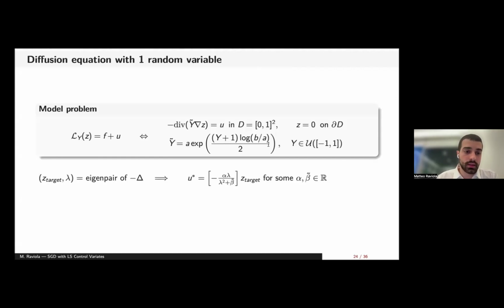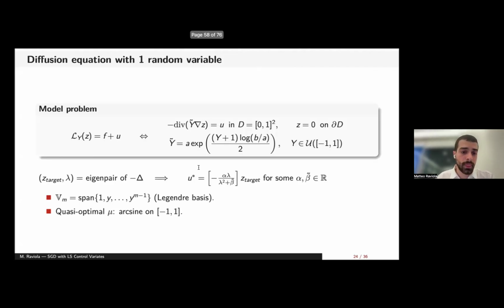The only thing is that in this case, if we take the Z target as an eigenfunction of the Laplacian, essentially we have a closed form solution, so it's easy to compute diagnostics in this case. And we take Vm as the span of the polynomials of degree strictly less than m.